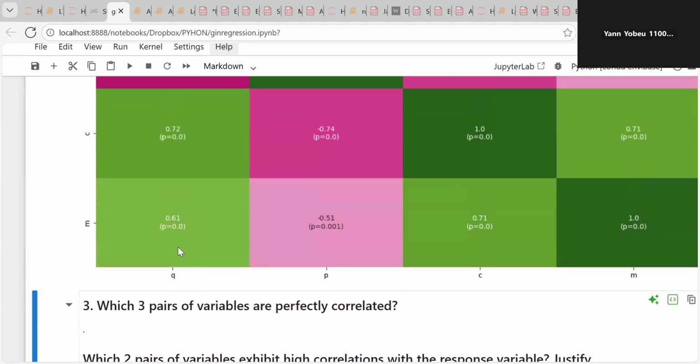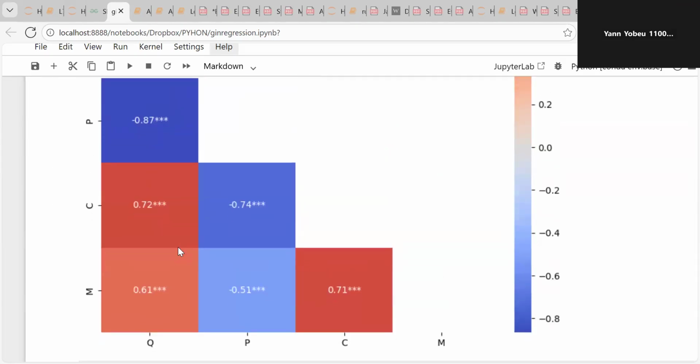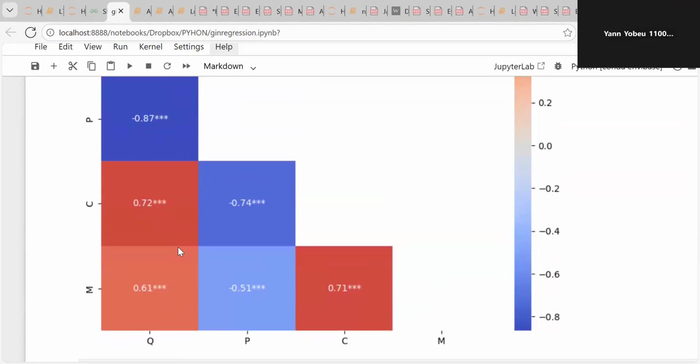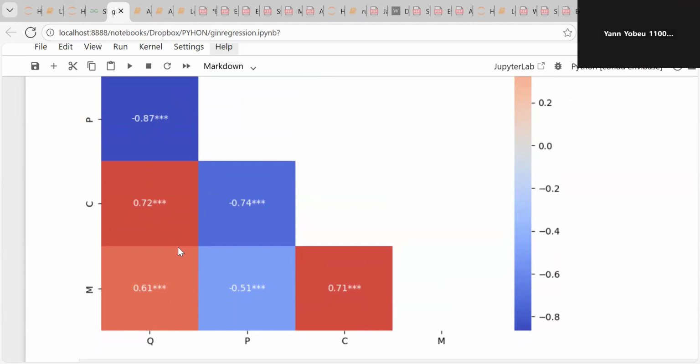Doc, price and price of complement. Give me the first pair. The price and the quantity demanded, sir. And I mentioned the numbers. 0.87. Next. Minus 0.87.